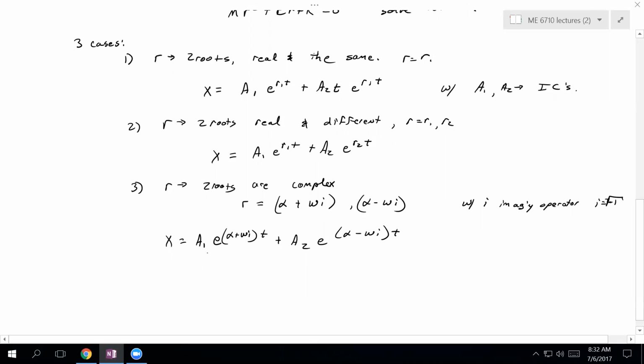So let's expand this and practice our math a little bit in getting there. I can rewrite this as e to the alpha t times e to the omega i t. And furthermore, I can write e to the omega i t using Euler's equation as cosine of omega t plus i sine of omega t.